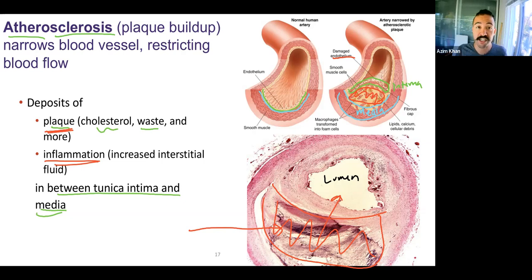It's important that you change the shape of your artery. You want to regulate blood flow. If you can't regulate blood flow, then you miss out on things like getting blood to the organs that need it, to your muscles, to your digestive organs, to anything that might need blood. And so now you're depriving your tissues of blood when they need it. So atherosclerosis narrows blood vessels and restricts blood flow.